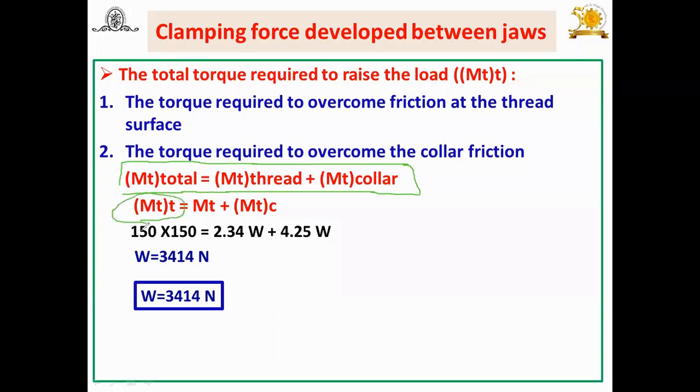MTT is the force exerted by the machinist, 150 Newton, times the radius, 150. MT thread in terms of W is 2.34 W, and MTC is 4.25 W. By solving this equation, you will get W, the clamping force: W is equal to 3414 Newton. Remember, in this way you find the clamping force developed between the joints.